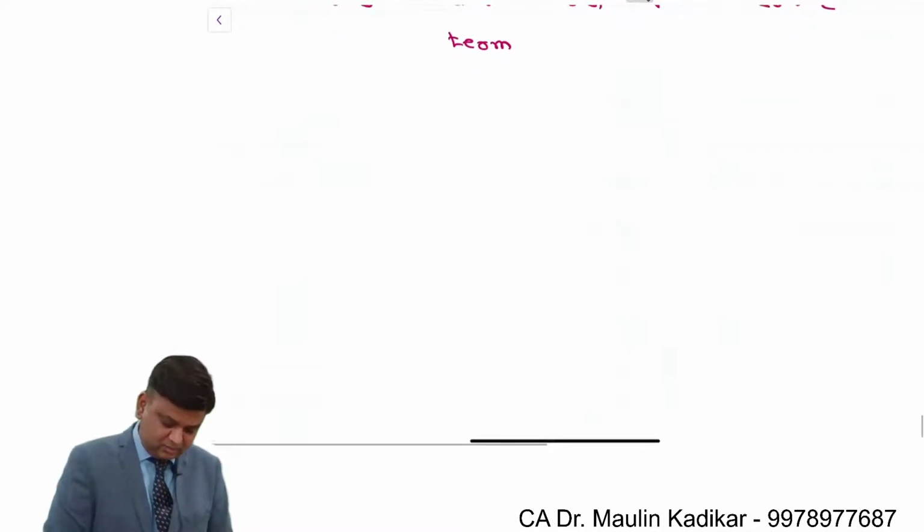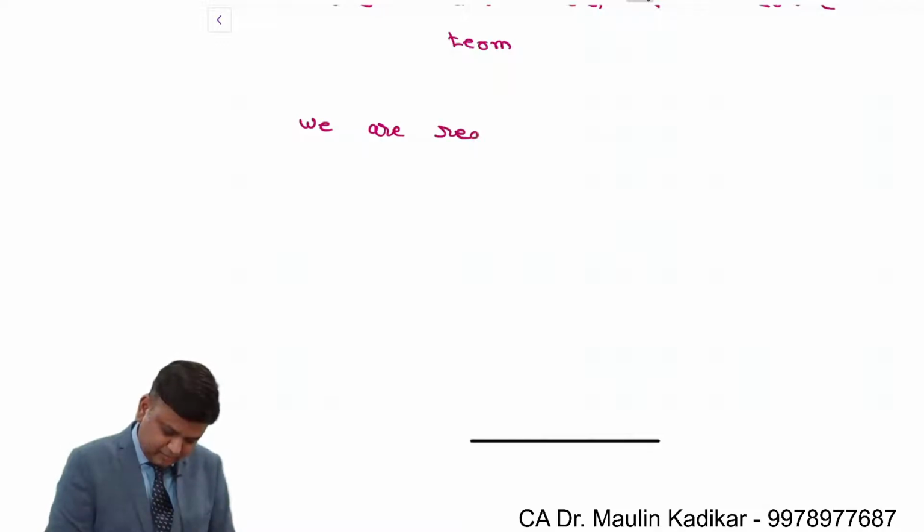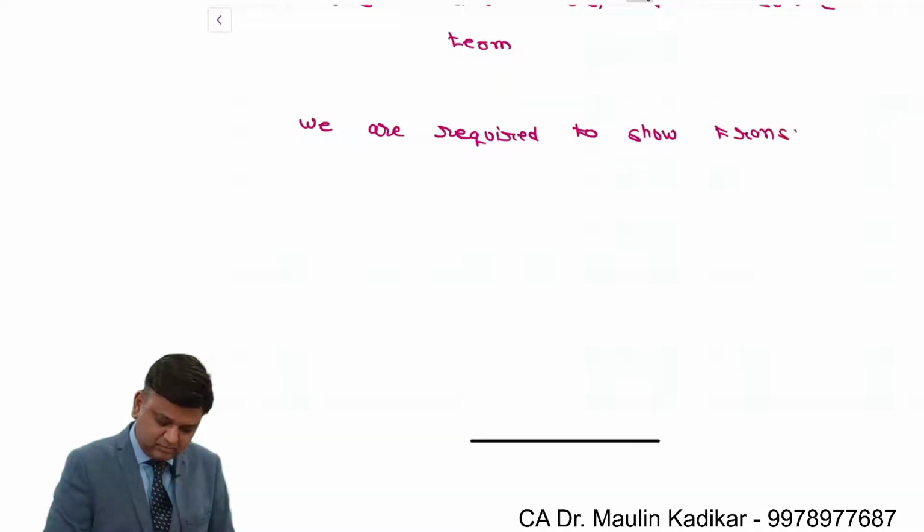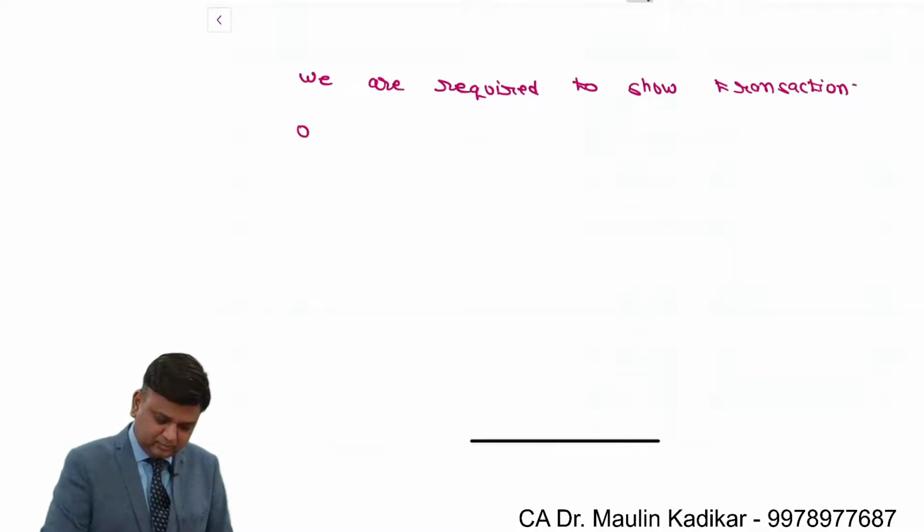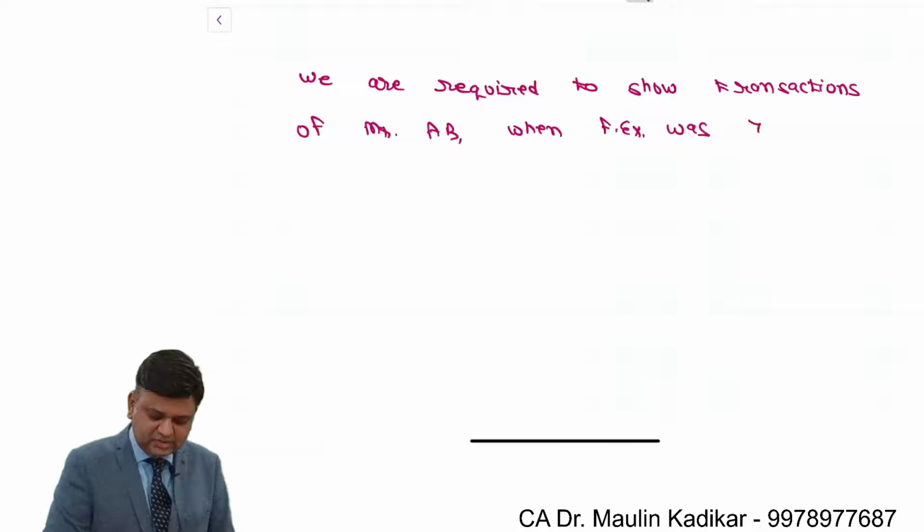In that write down, we are required to show transactions of Mr. Amy, comma, when forward exchange rate was 78 rupees per dollar.